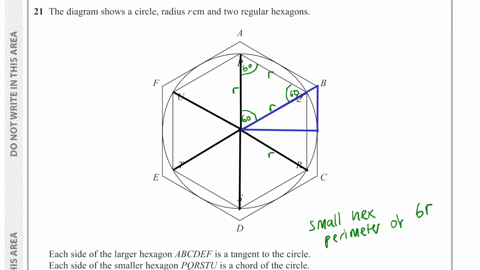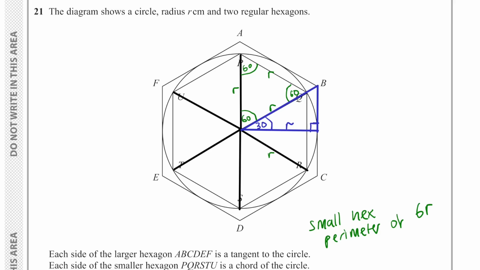triangle here. So again, I've just drawn on another radius of the circle. So we've got a radius here. That's a radius as well. Again, we know the angle. So that's half of a 60. That one's a 30.